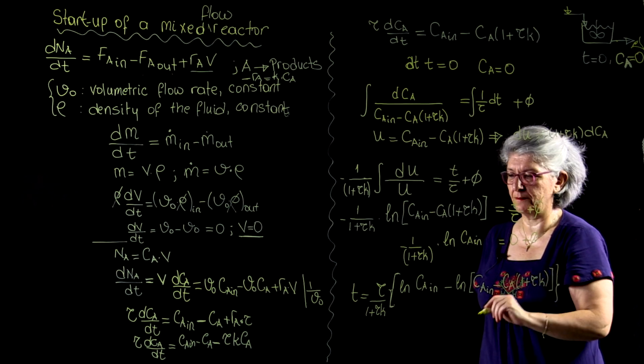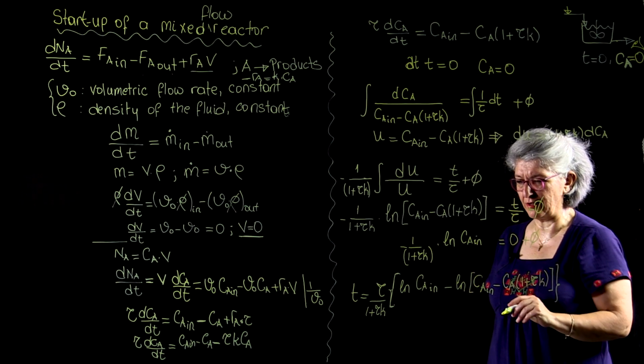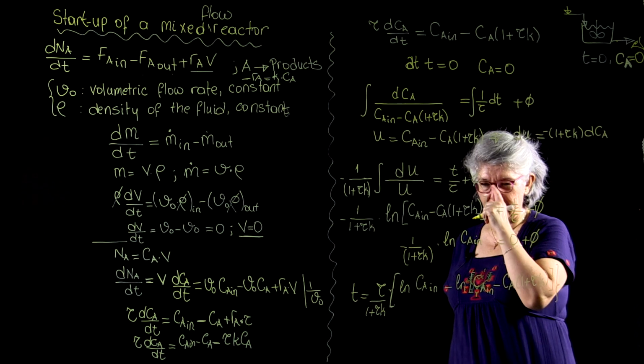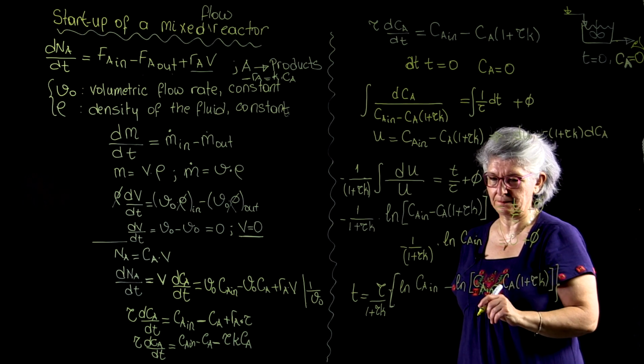And I will do one more step of rearrangement. I will write them as ln, this divided by that.